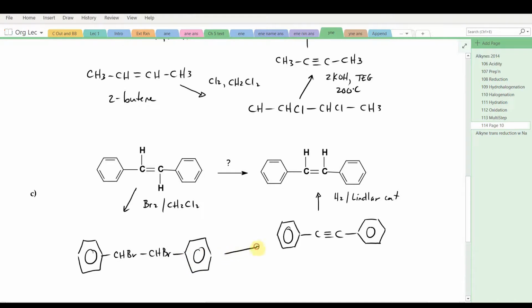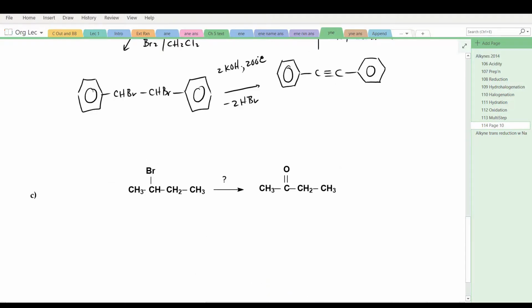And then a double dehydrohalogenation. 2 KOH, 200 degrees Celsius, minus 2 HBr gives us the alkyne. So this should be D, the last one on page 114.